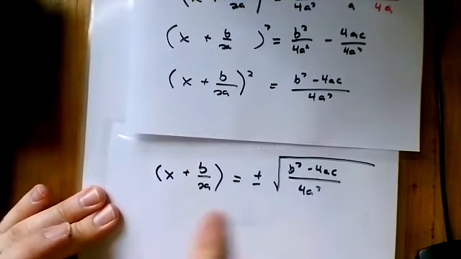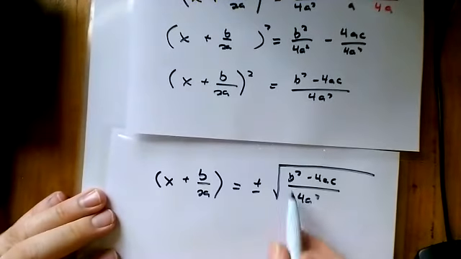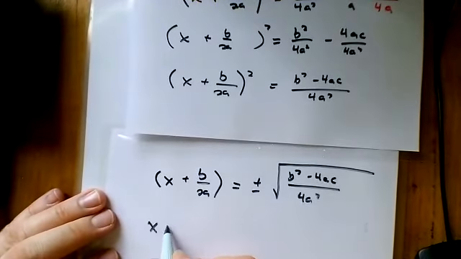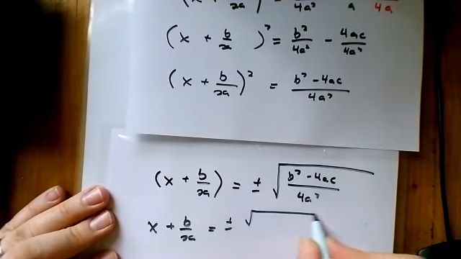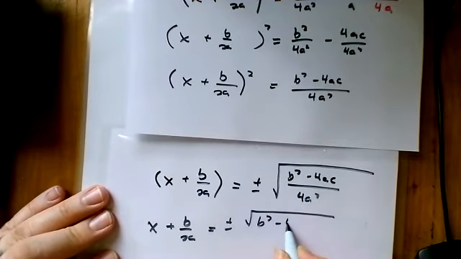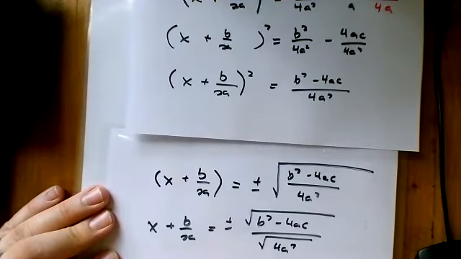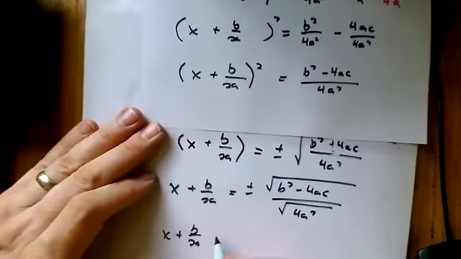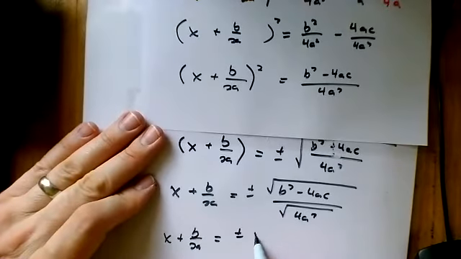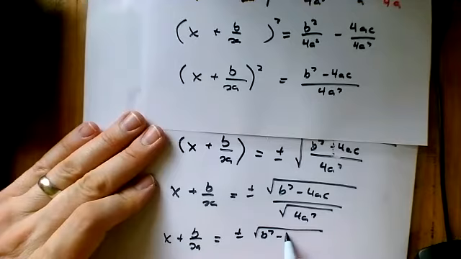And now from here, I can simplify that. That's going to be x plus my b over 2a. And I'll have plus or minus b squared minus 4ac all over the square root of 4a squared. We'll have x plus this b over 2a is equal to plus or minus the square root of b squared minus 4ac all over 2a.